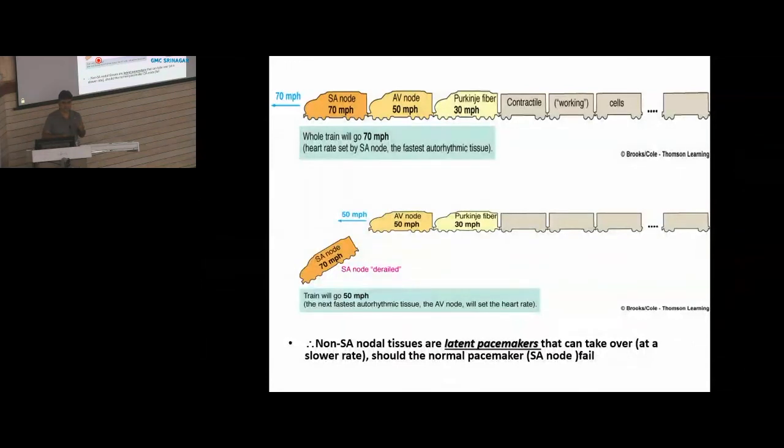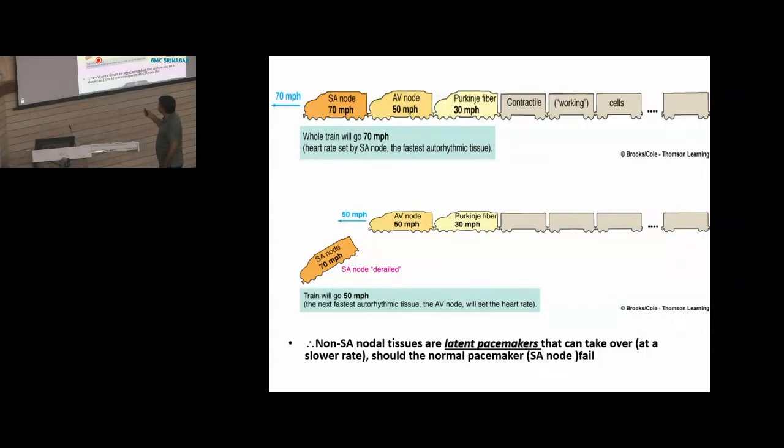As you can see in this diagrammatic representation, this is SA node, this is AV node, Purkinje fibers, and 99% of the cardiac muscle fiber is these contractile fibers. So this is the conduction system of the heart, main components: SA node, AV node, and Purkinje fibers. You can see here the fastest generating capacity is by the SA node.